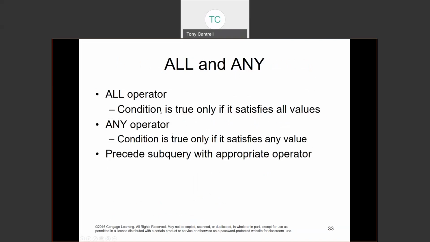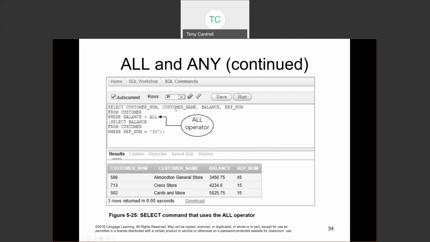All or any. Condition is true only if it satisfies all values, any if it satisfies any value. That's kind of similar to and and or, right? And look how that works. It says, select customer number, name, balance, rep number from customer where balance is greater than all the balances of customers that has the rep number 30.